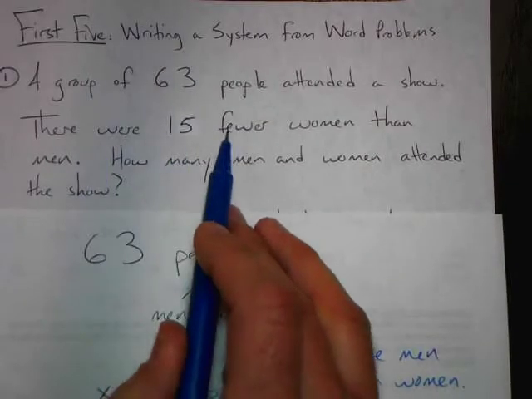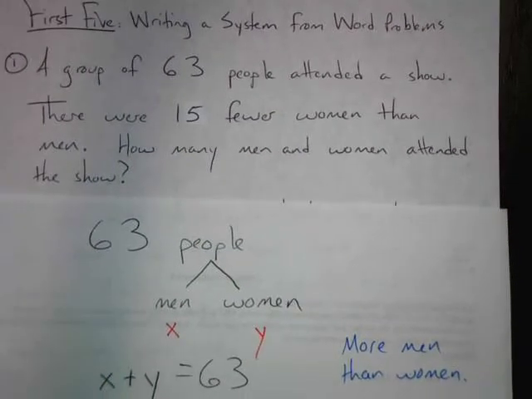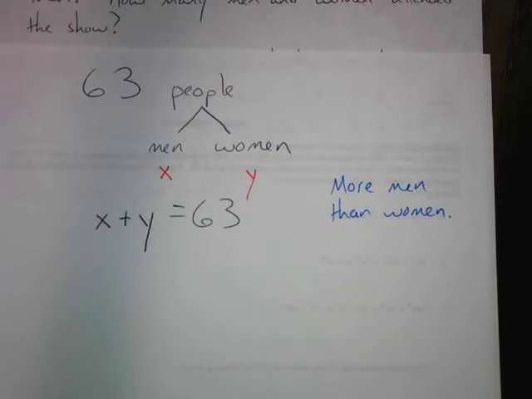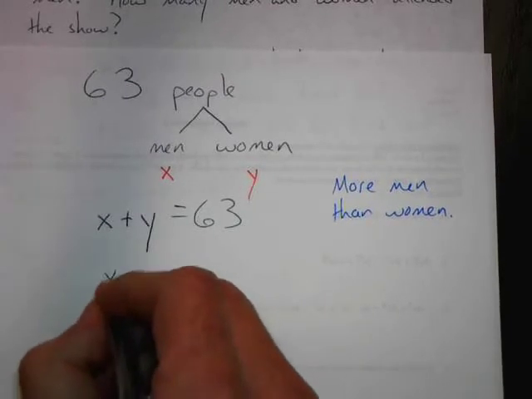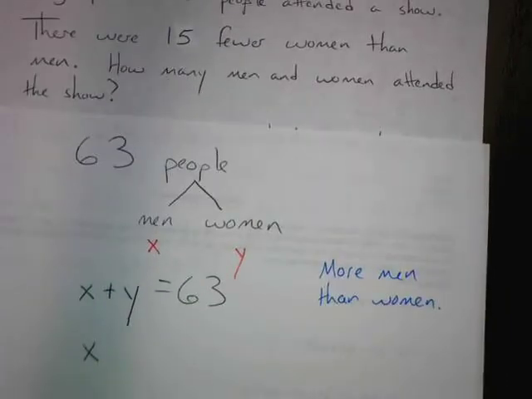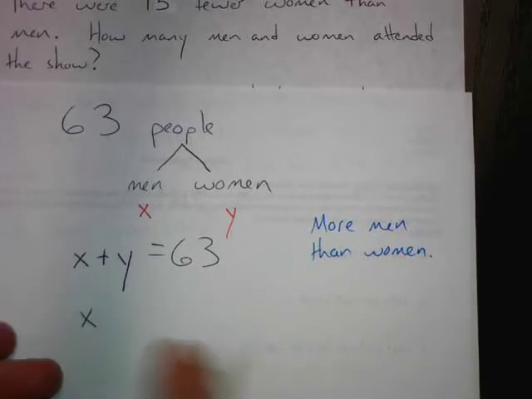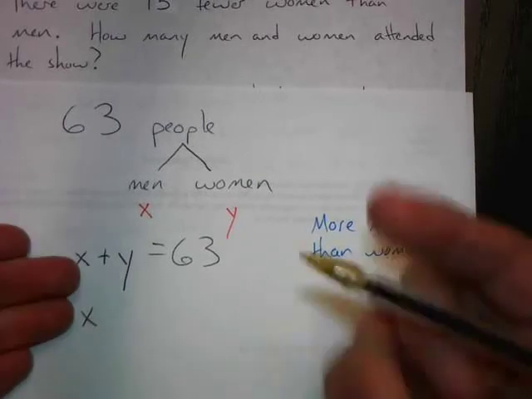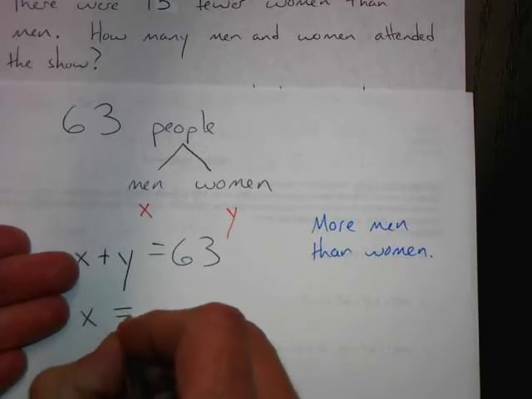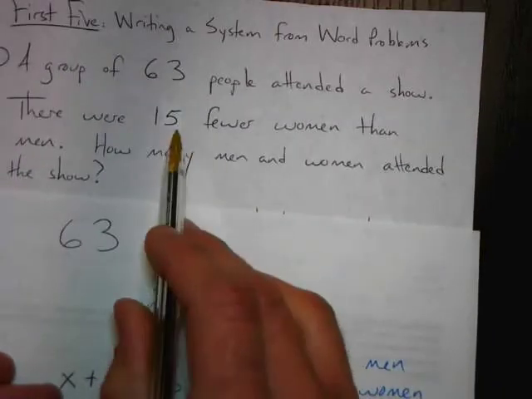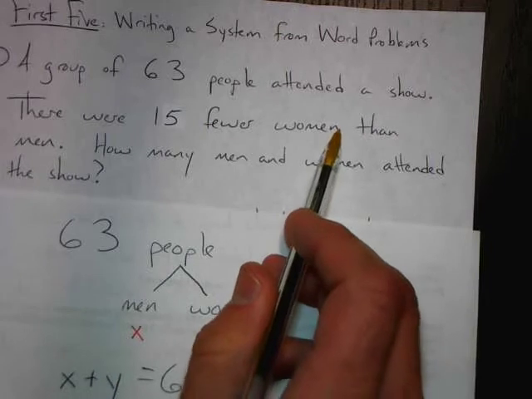This is saying there were 15 fewer women than men. So let's say the men, again, still our variable, X. Let's say we have X number of men. How does that equate to the number of women? There were 15 fewer women than men.